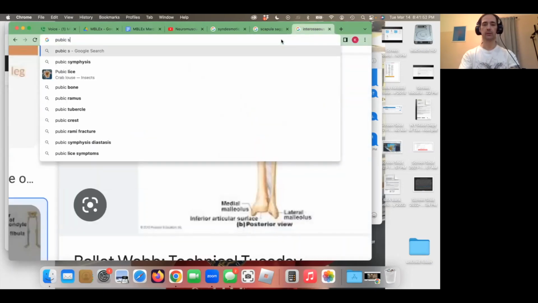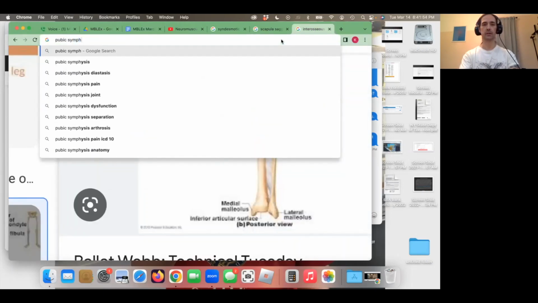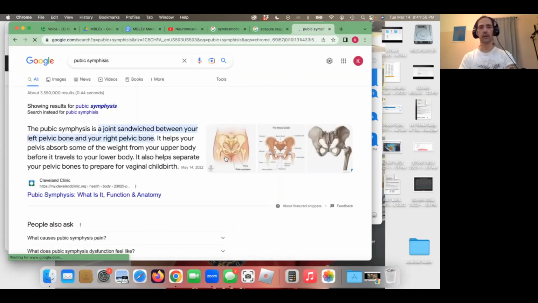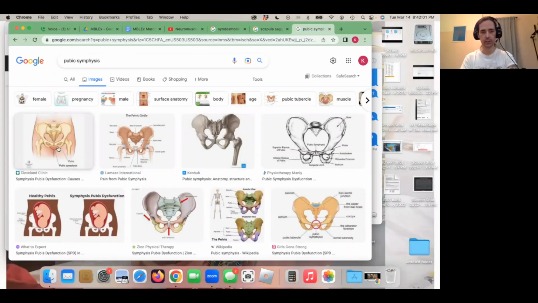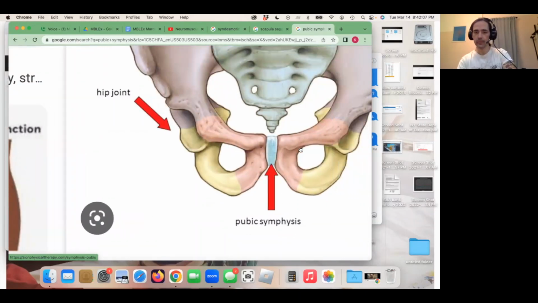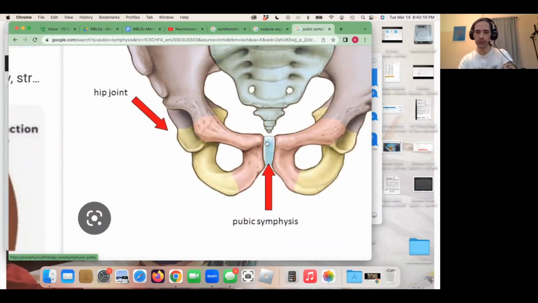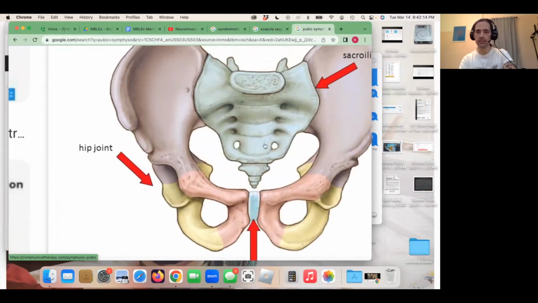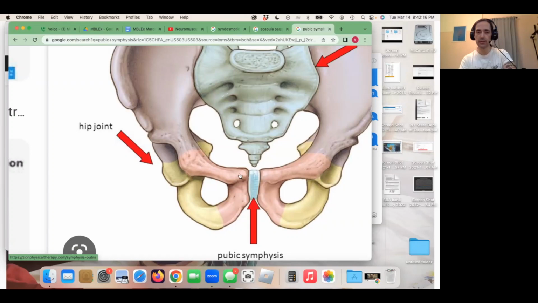If you look at the pubic symphysis, what you see right away is that there is a thick piece of cartilage between the bones. This piece of cartilage allows these two halves of the pelvis to rotate a little bit in opposite directions.